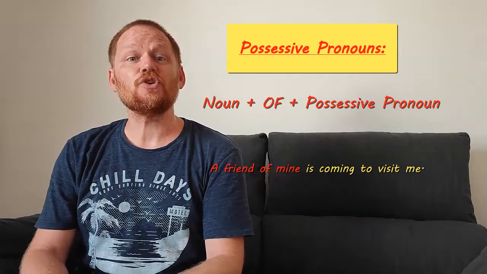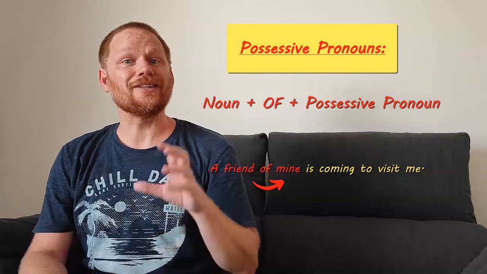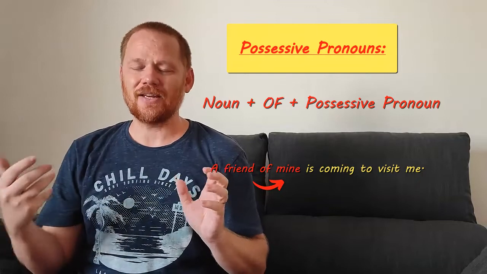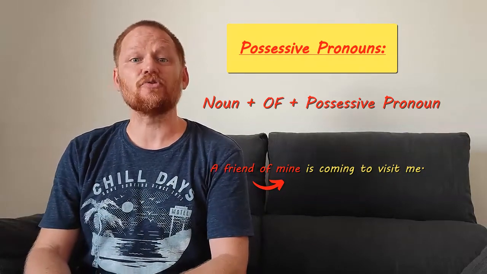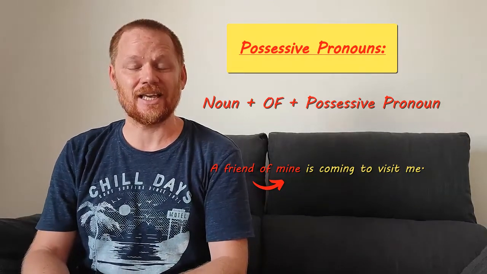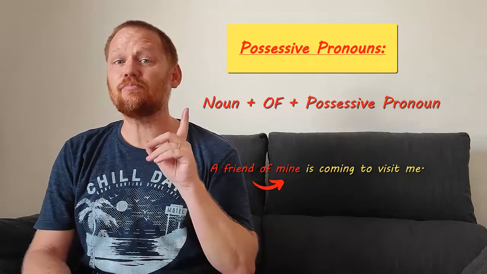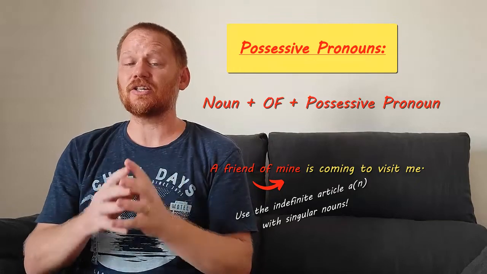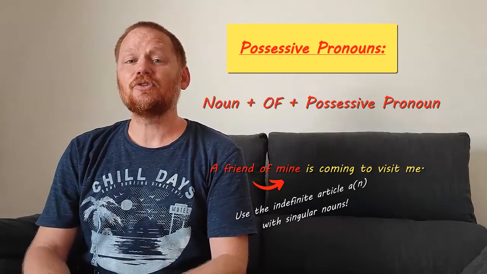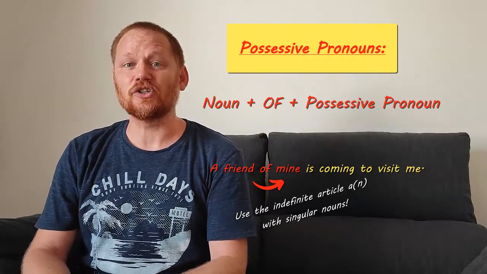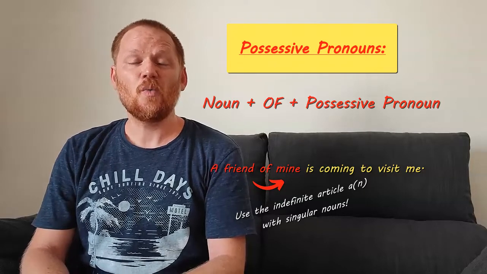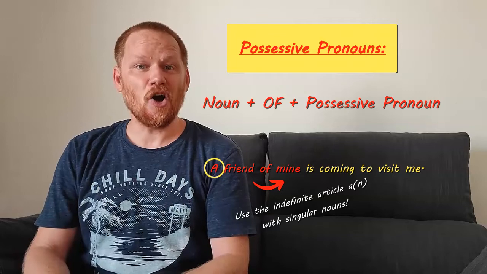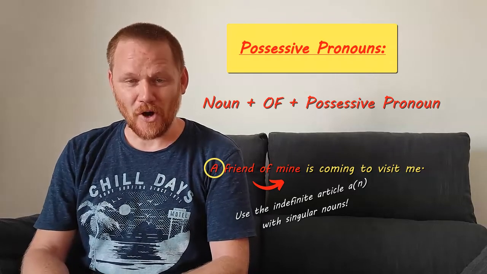So you see, we use the following construction: the noun friend followed by the word of, and then we have the possessive pronoun mine in this case, right? It's also important to point out that in such case, using this construction, maybe you'll have to use the indefinite article a when the noun is singular, like in this case, a friend of mine.